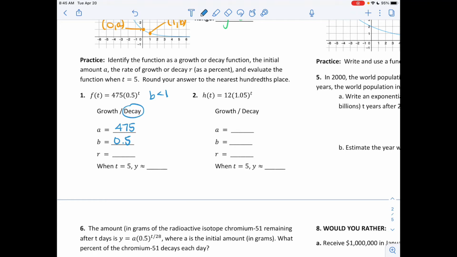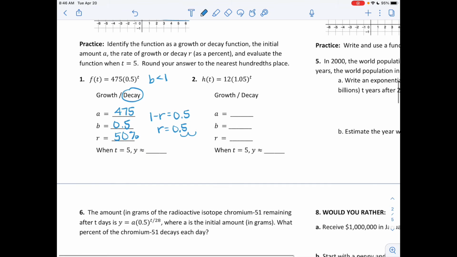In order to determine R, we have to remember that B is equal to 1 minus R, so 1 minus R is 0.5, and solving for R, we will get that R is also 0.5. In order to change from a decimal back to a percent, remember that we need to go 2 spaces to the right, so that gives me an R of 50%.